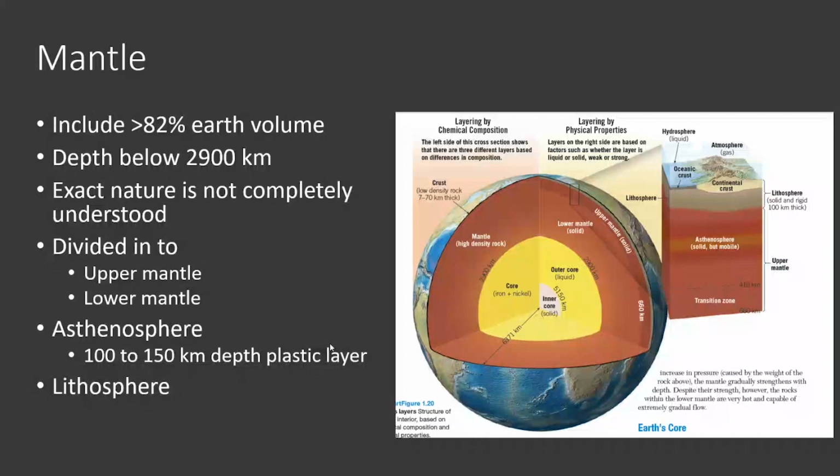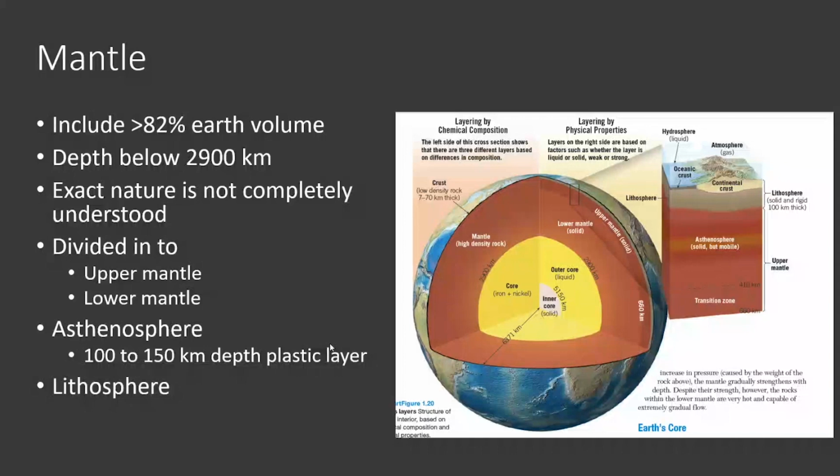It is a plastic layer at 100 to 150 kilometers depth. Above the asthenosphere we call it the lithosphere. It includes the part of the crust and some part of the mantle. That becomes the lithosphere.